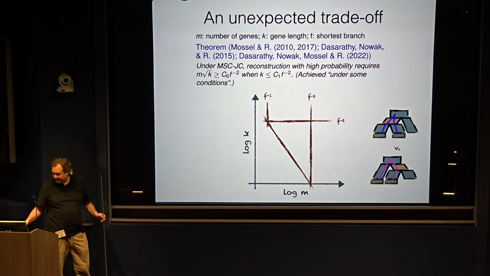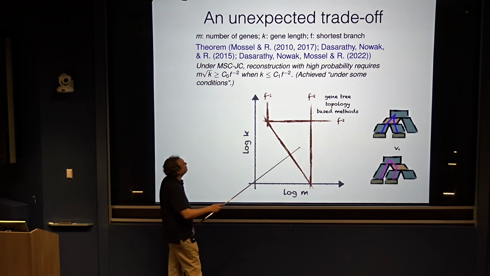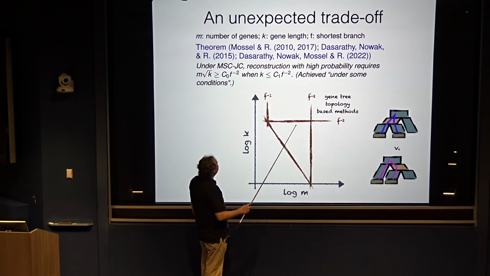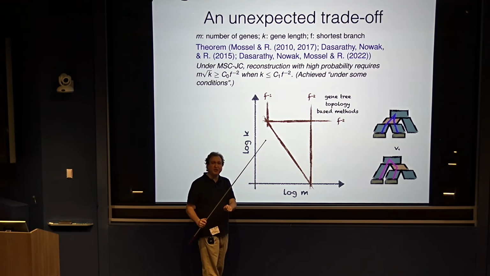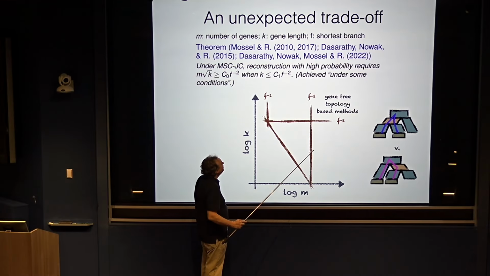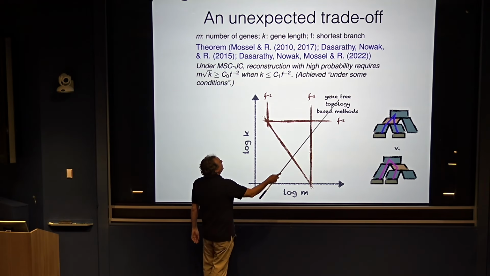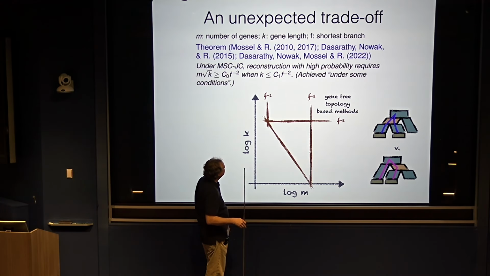This is a log K, log M scale. One part that I've talked about so far is this part up here. If I have sequences that are long enough that I can reconstruct each gene tree separately with high probability, and I have enough of them, this is the two-step approach, then I know that I'm good. These are the gene tree topology-based methods.